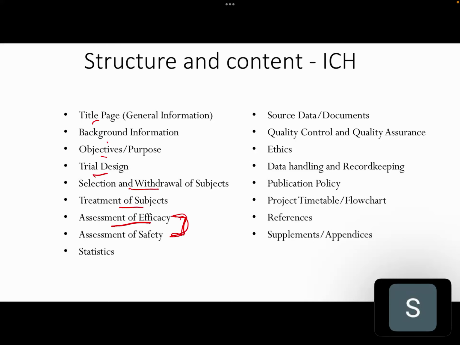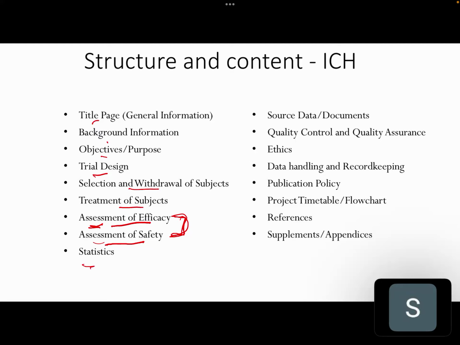Assessment of efficacy, assessment of safety. When we started our session on the very first day, we said the definition of clinical research answers two questions. One, is it safe? One, is it working? So assessment means how you will measure that it's working. What are the methods? How will you measure safety?